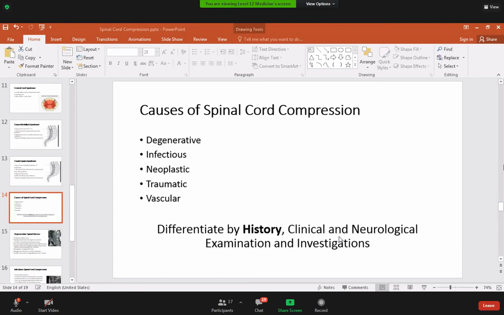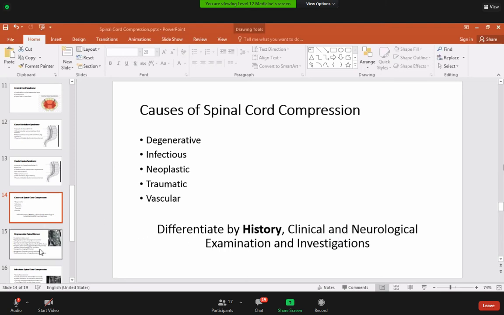We have to differentiate these causes by detailed history and by a thorough physical and neurological examination, and then with the guidance of those history and physical findings, we plan for the investigations.